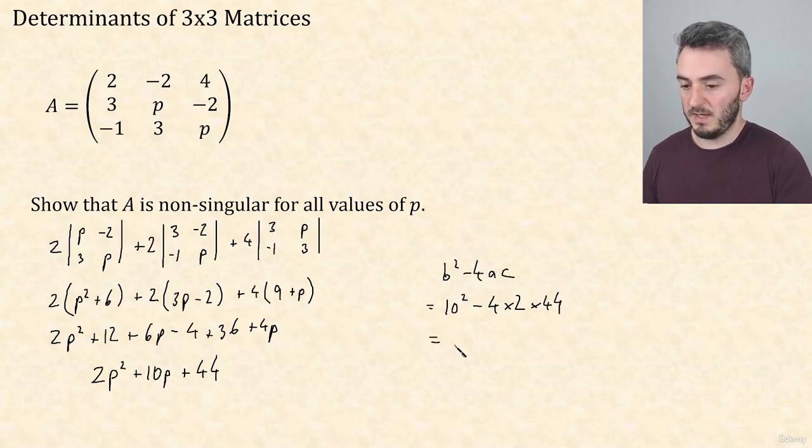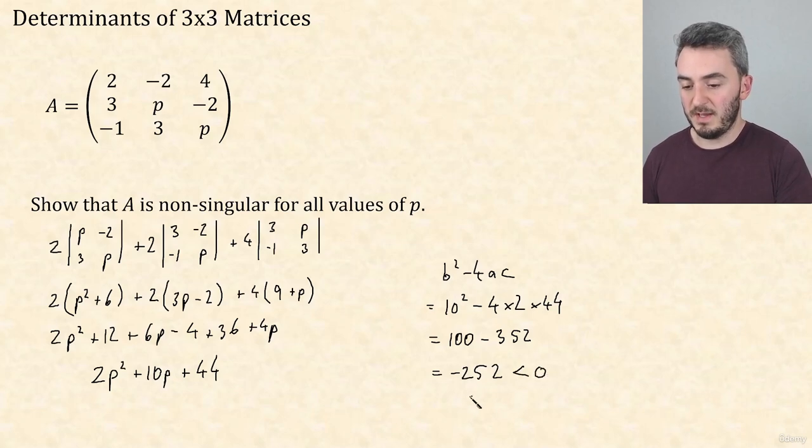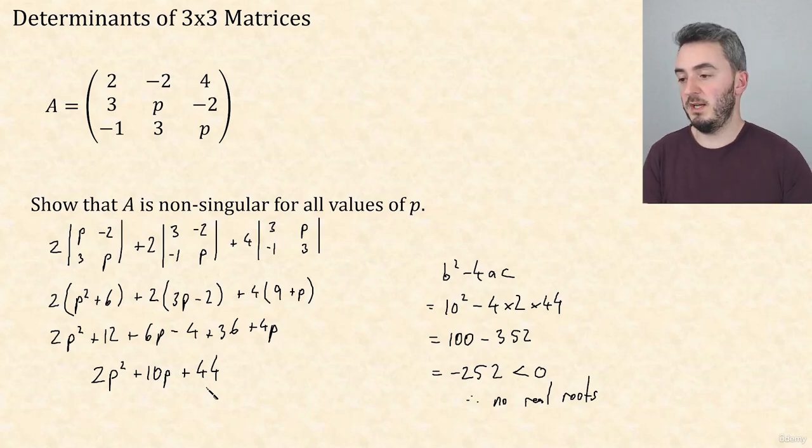That is 100 minus 352, which is minus 252. That's a negative discriminant, and therefore no real roots of the equation if you set it equal to 0. So that means there is no real value of P for which this matrix is singular, so it's non-singular.